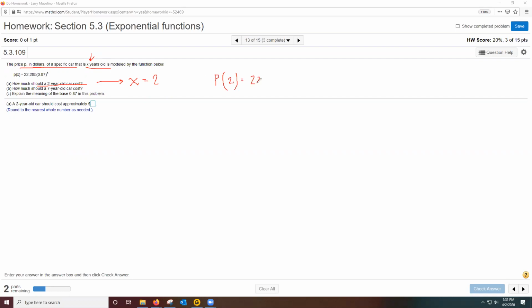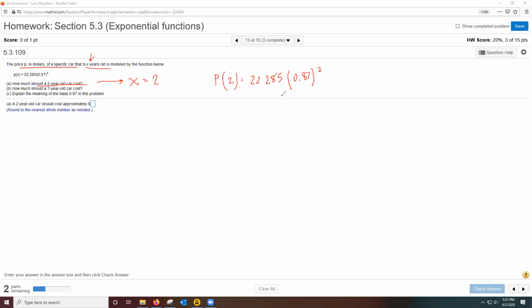So all I have to do is plug in. So it's 22,285 times 0.87 to the x, but our x is 2. And this is a job for a calculator. And on your calculator, you should have an exponent button.